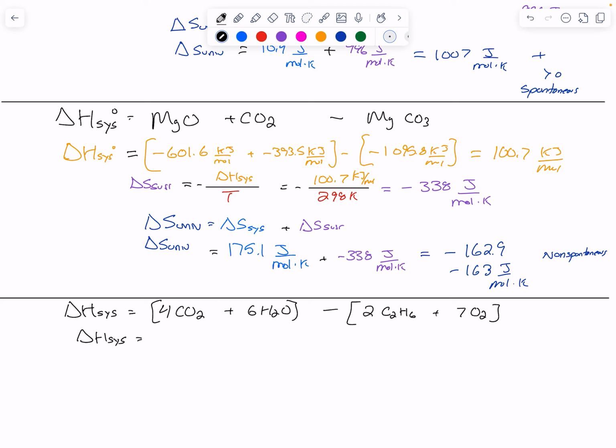So 4 times carbon dioxide, negative 393.5, these are all kilojoules per mole.